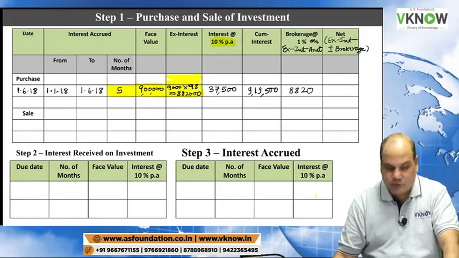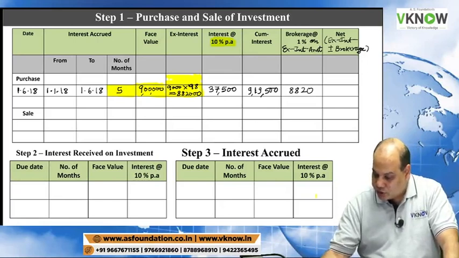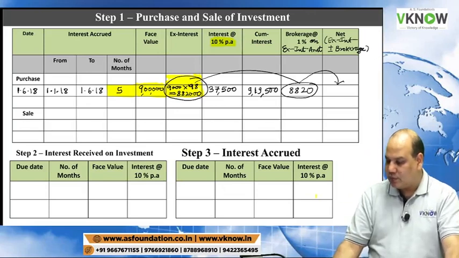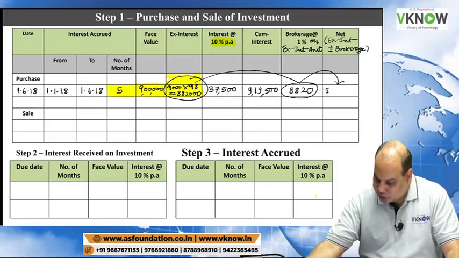You can just remove the last two zeros. Now, how much amount will you capitalize in your book? The investment will be capitalized at 8,82,000 plus brokerage, 8,90,820.